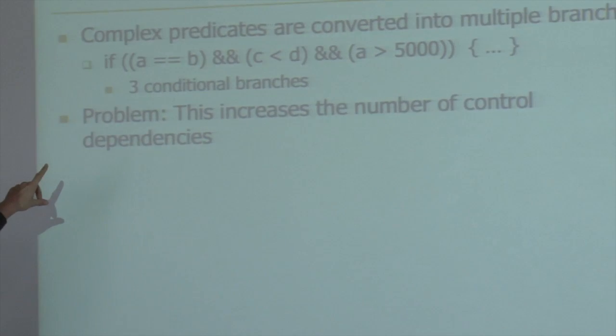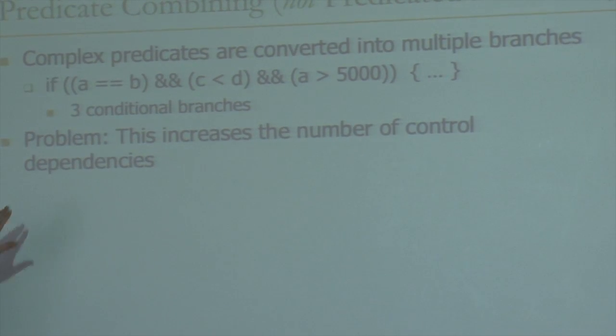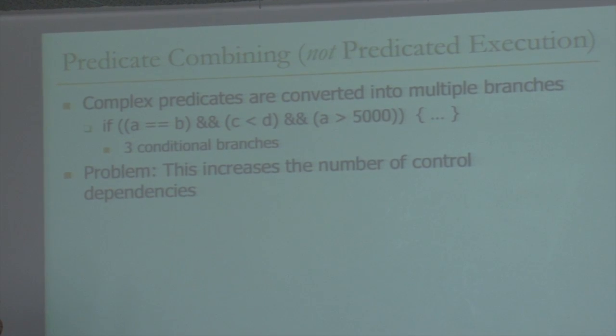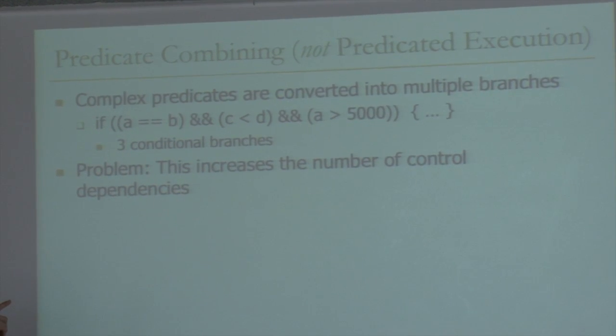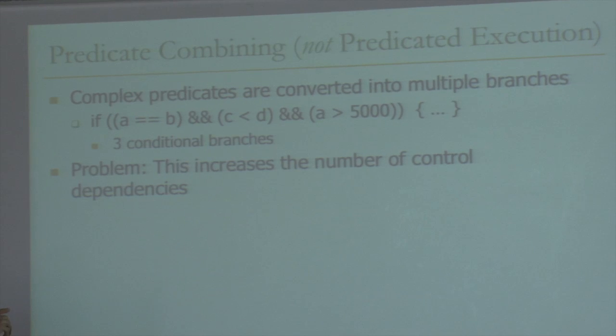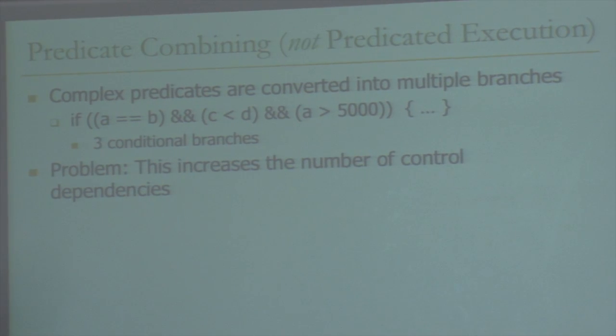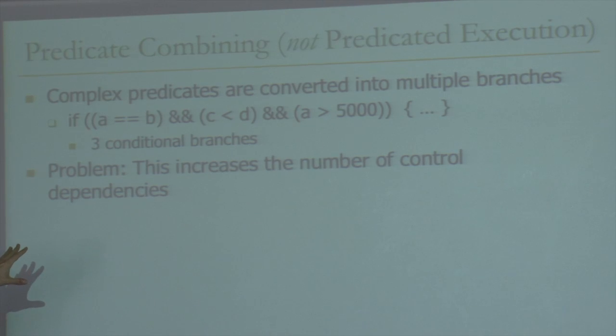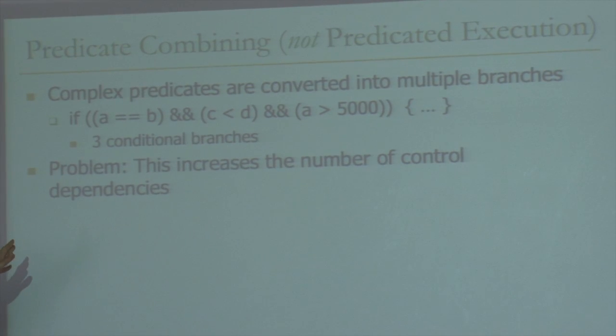But if you look at this piece of code, there are 3 conditions that are tested, right? If A equals B and C less than D and A greater than 5,000, then go into this loop. Now the compiler can actually generate 3 different conditional branches for this, or maybe even more. If A is not equal to B, then it can jump out of the loop.